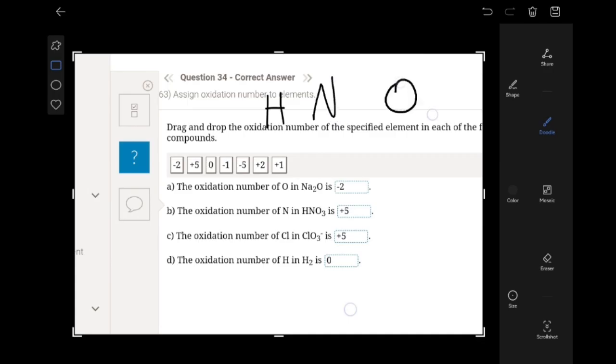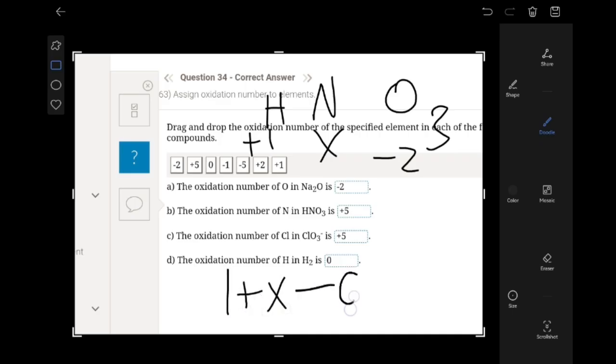This one is +1, this one is X, this one is -2. The total charge of the whole thing is 0. Add them up. And also the O is times 3. So it's 1 plus X minus 6, because -2 times 3 is -6, equals 0. X minus 5 equals 0, because +1 and -6. So X is 5.